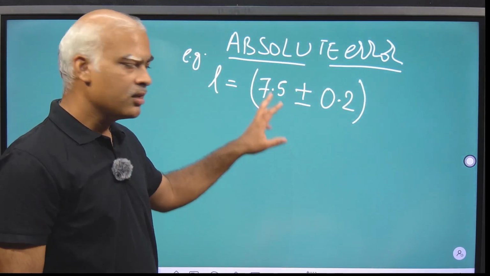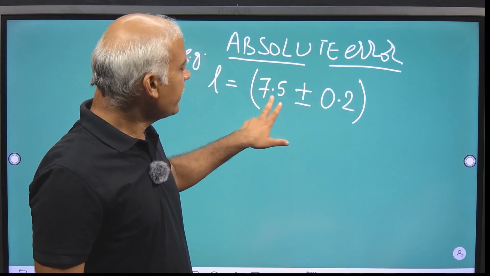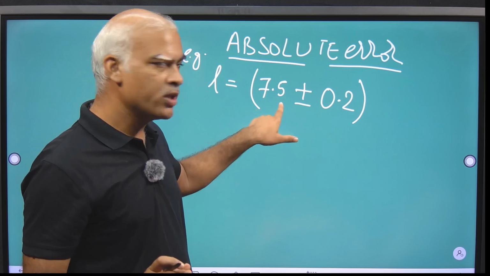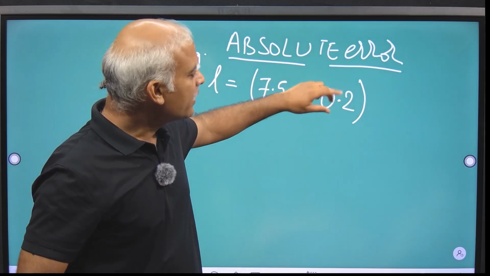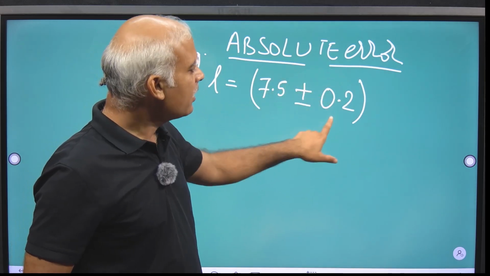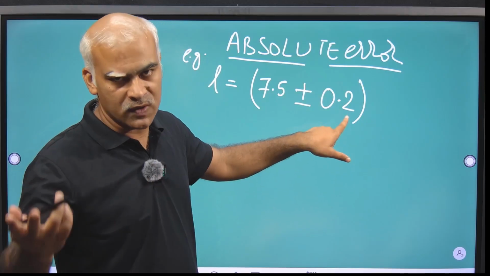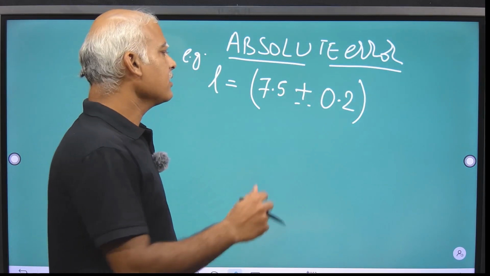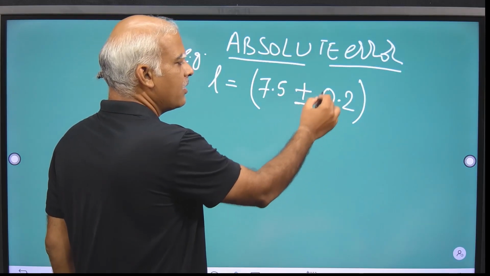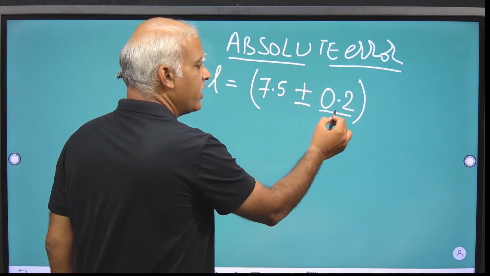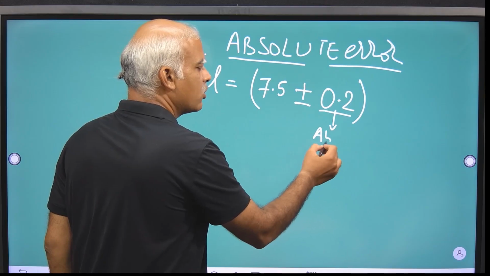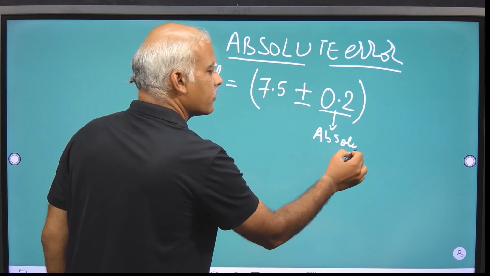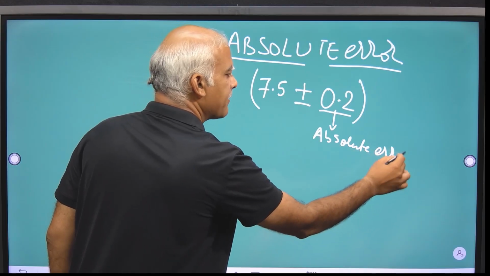It means that for an observer, the actual value for which he or she is more confident is 7.5, but there may be a fluctuation in the measurement, and that can be a 0.2 positive error or a 0.2 negative error. That's how we are saying that this error, which is in the form of addition or subtraction, is a kind of absolute error. It is called an absolute error.